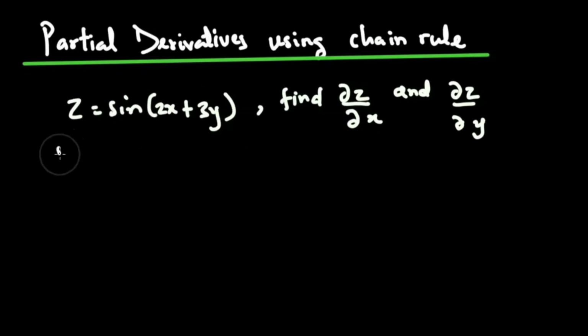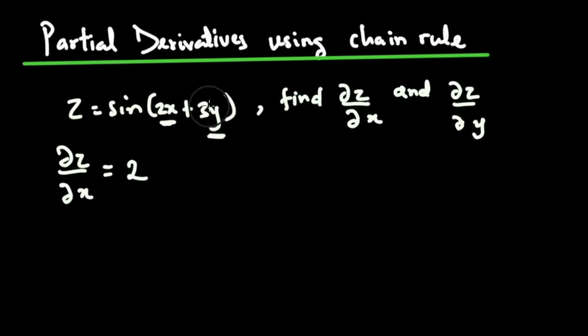So to differentiate this function partially with respect to x, I'm going to differentiate the inner function partially with respect to x. Differentiating with respect to x, I'm going to keep y constant. So when I differentiate 2x plus 3y with respect to x, I'm going to have 2. When I differentiate 3y, I'm going to have 0 because y is a constant.